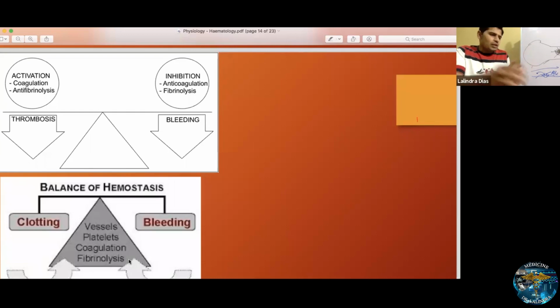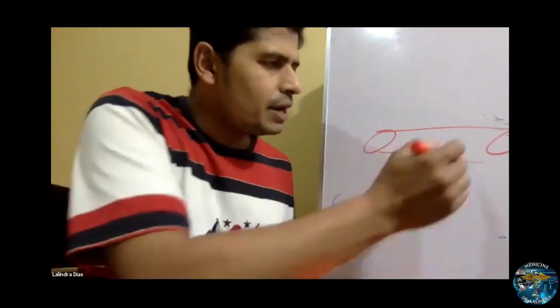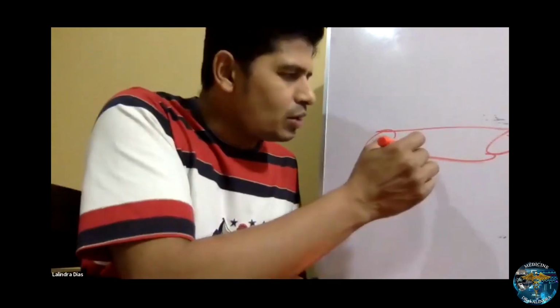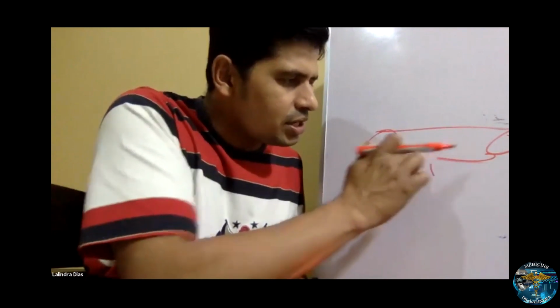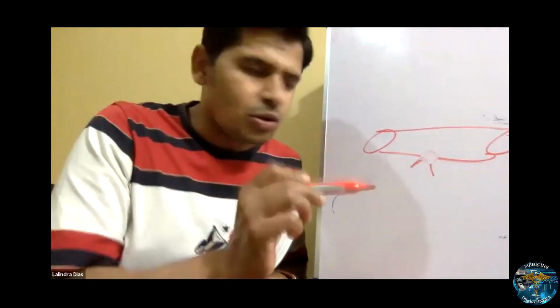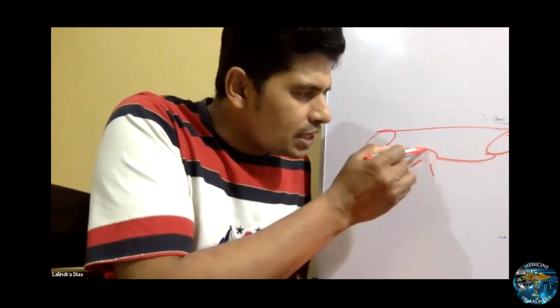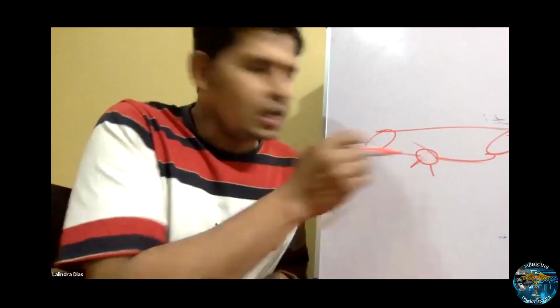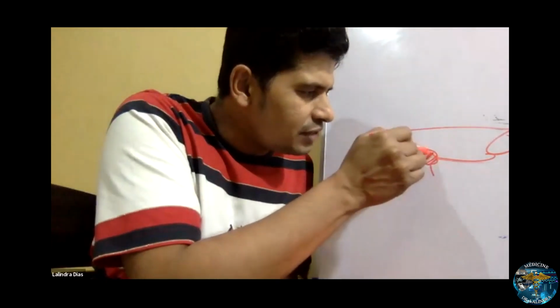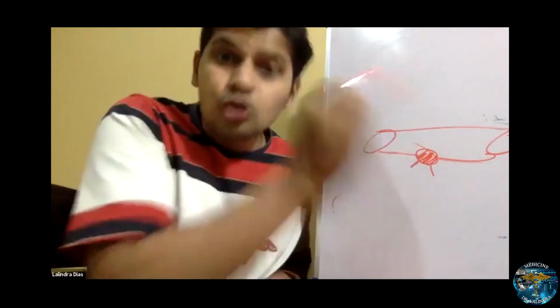When you get a defect in the blood vessel, I'll draw it for you. Look at this. This is the blood vessel. In this blood vessel, now there's damage. Here there's damage. So guys, you need a blood clot only to the size of this defect. You don't want a huge blood clot.